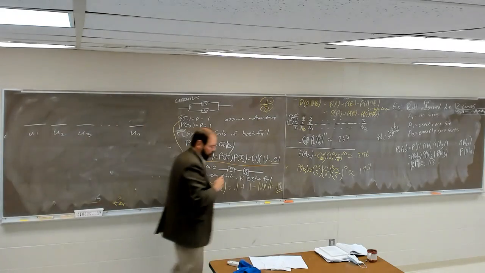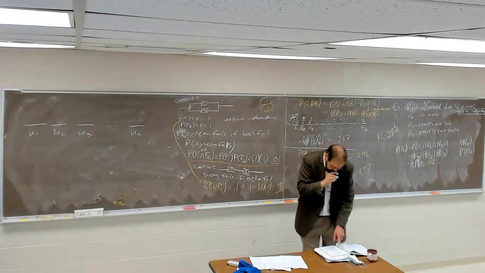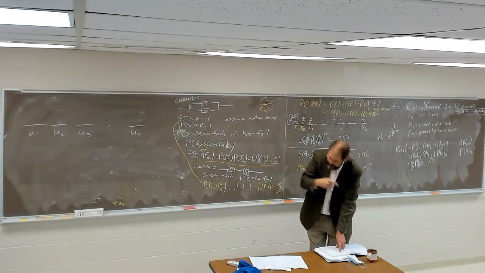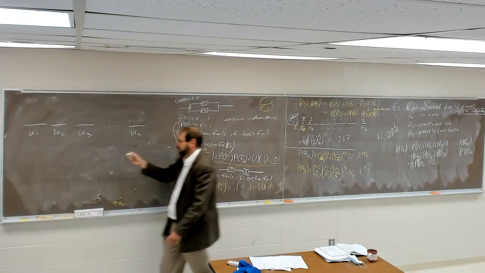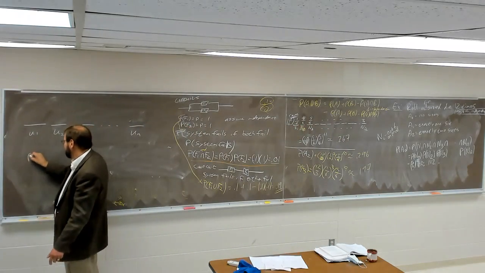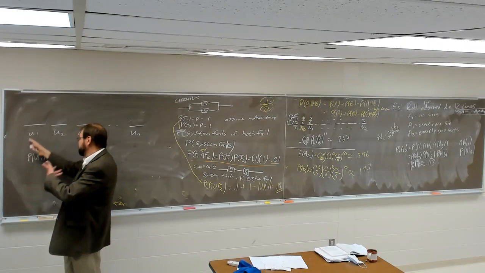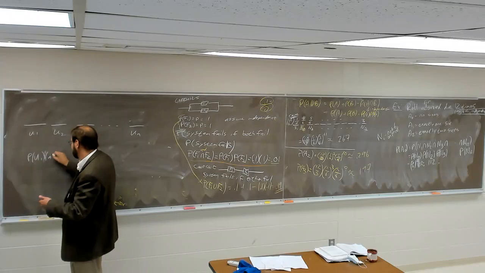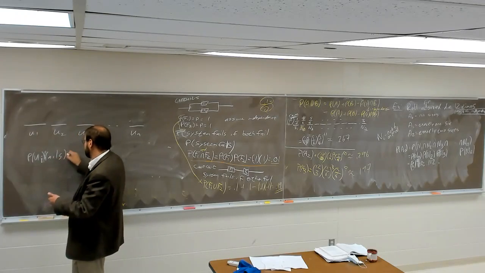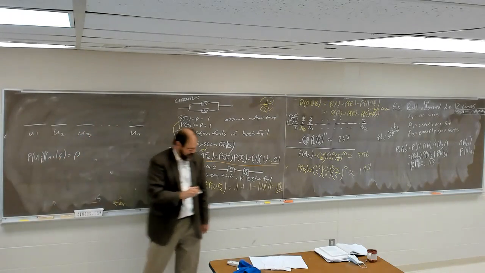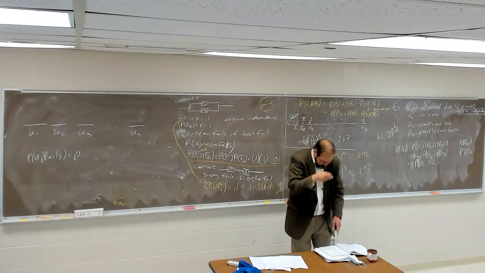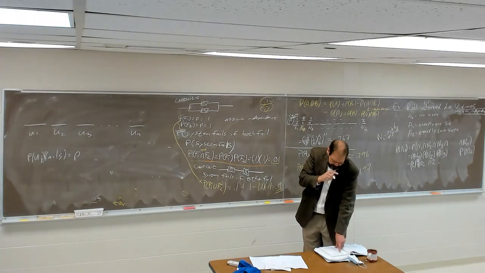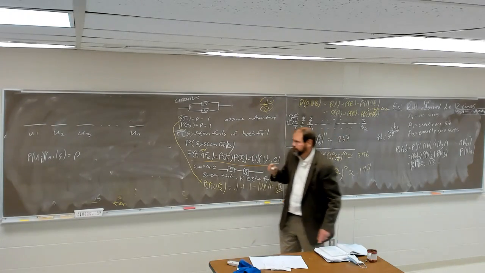So I have these different units. Each will fail, right? If we're talking about fail, the probability that unit i fails is p. And so let's see, what are we being asked? The system will fail only if k or more.